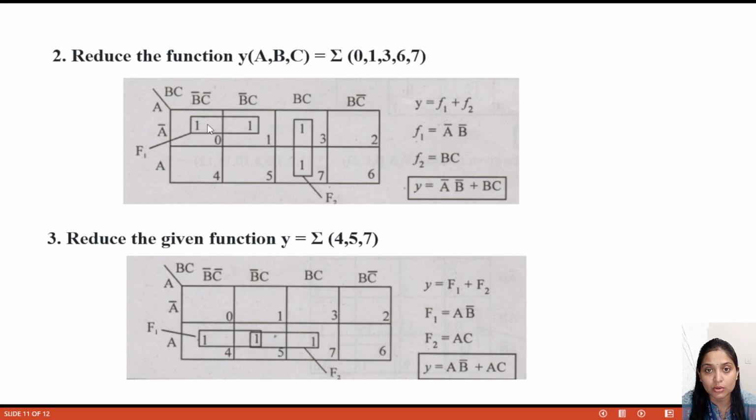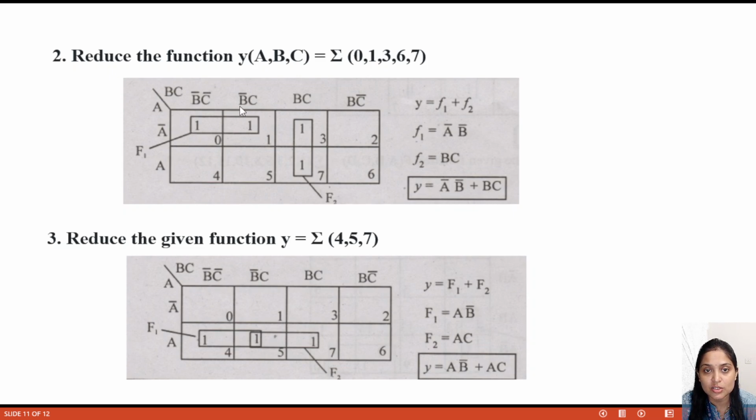According to this, 0, 1, 3, 7, here actually they missed 6. In this way, first of all they form a pair here and also a pair. At that moment, don't consider 6 here. So 2 pairs are there, and based on this the result will come.